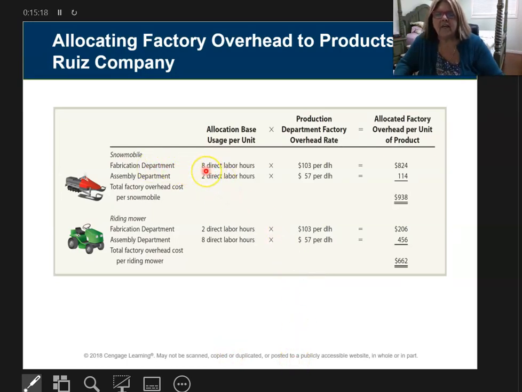For snowmobiles, for fabrication, we've got the number of hours times the rate, and again, number of hours for assembly times the rate. So per snowmobile, my overhead costs are going to be $938, and my riding mower's cost, again, it's backwards from the snowmobile, is 2 times my rate for fabrication, 8 times my rate for assembly, and it becomes $662.